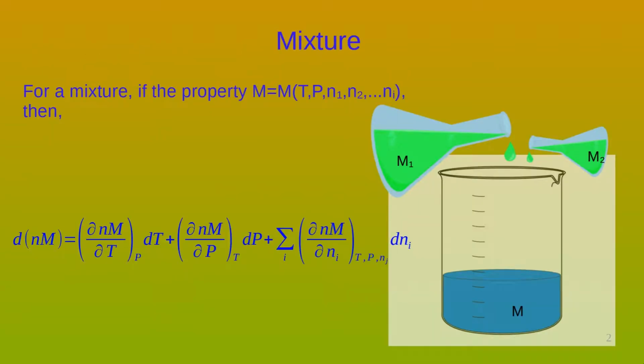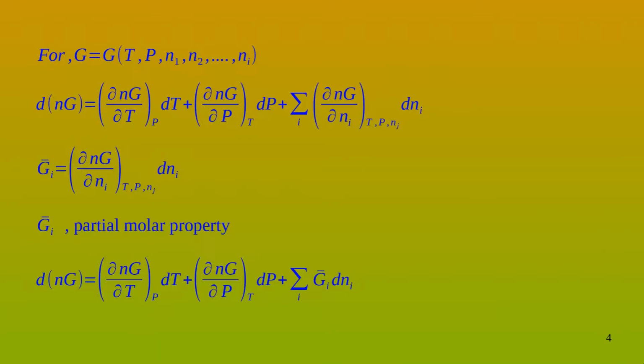Like the previous equation, we can write d(Ng) is equal to the change in Gibbs free energy of the mixture to change in temperature. That's the first term. Change in Gibbs free energy of the mixture to change in pressure. That's the second term. And summation of the change in Gibbs free energy to addition of any species, holding the other species constant at constant temperature and pressure.